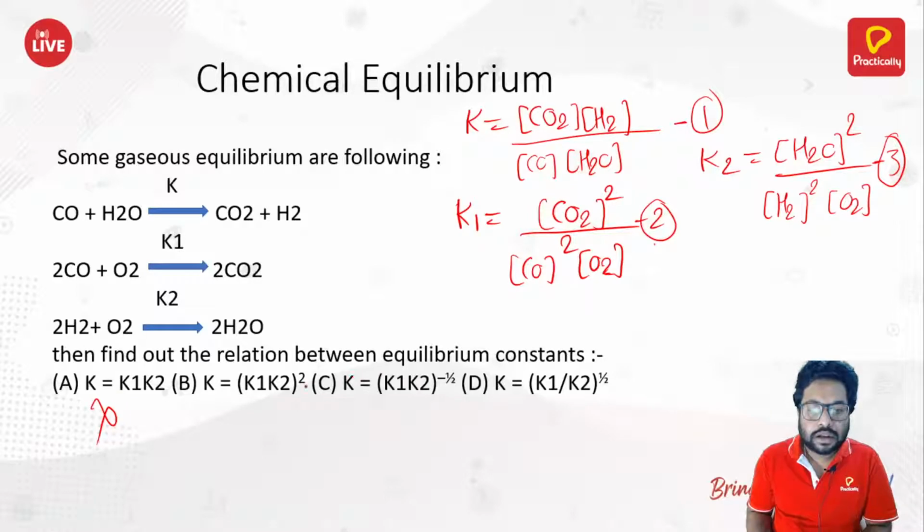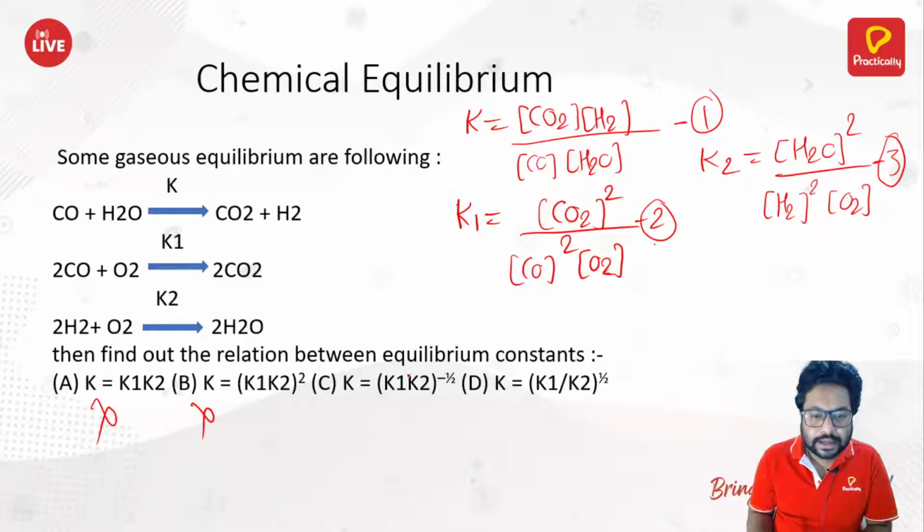Secondly, K is equal to K1 into K2 bracket square. So are we getting it then also? Let's see. No, then we are surely not getting it. I think it is K1 by K2 and then square. But anyways, for here also we are not getting it.